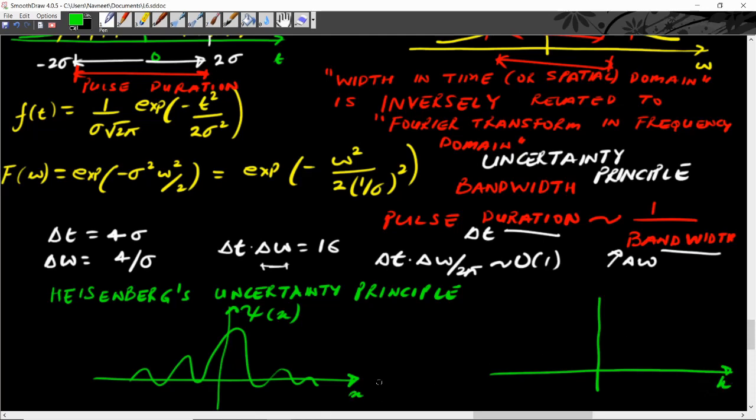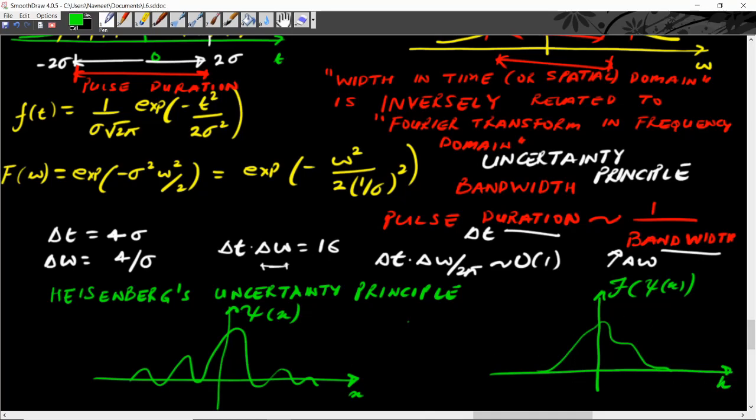For a spatially varying signal, the frequency is the inverse of the wavelength, that is the wave number. So let's say that this function is defined by the Fourier transform in the wave number domain, and let's say that it is represented by some other curve in the wave number domain or the frequency domain.